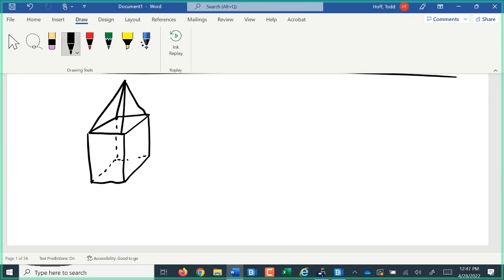Somebody give me a number between 5 and 15. 7. 12, I heard. 24 feet, 24 feet. 30 feet. Let's see. 35 feet.